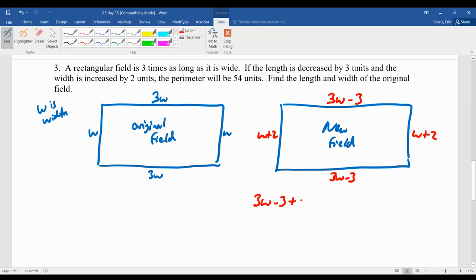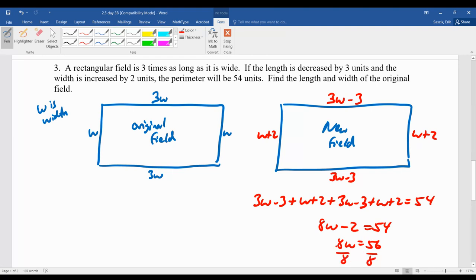Add up all the sides, and that's got to equal 54. How many W's do you have? I have 8W minus 3, I have 8W minus 2. I'm just combining like terms. If I move the 2 over, that turns into 56. And I get W equals 7.